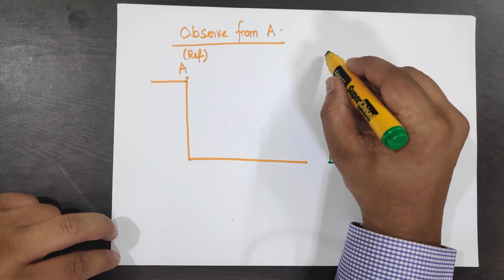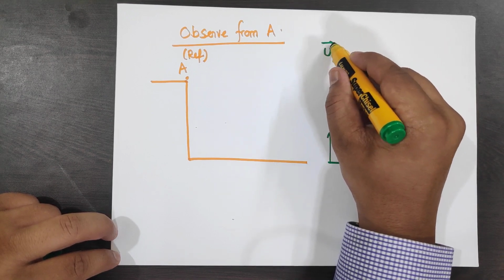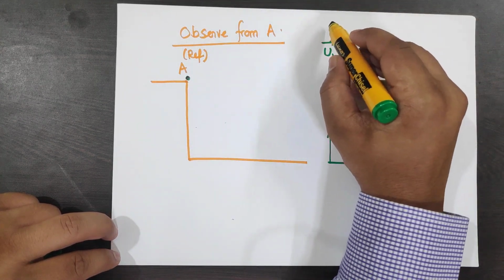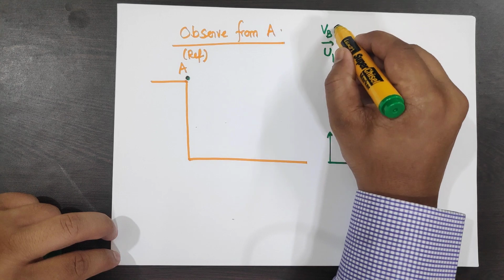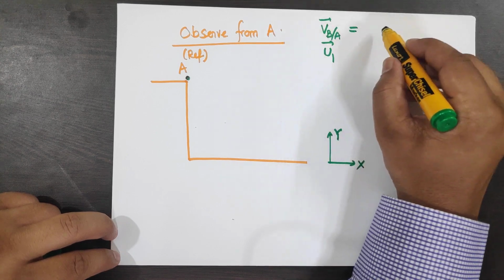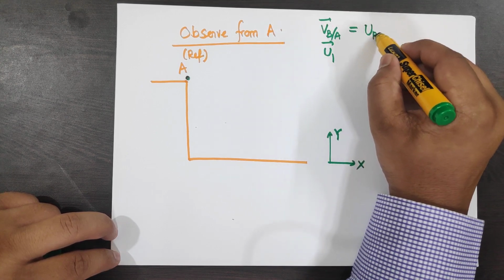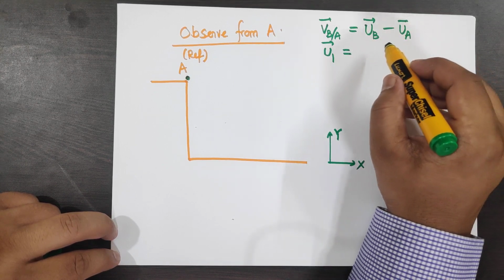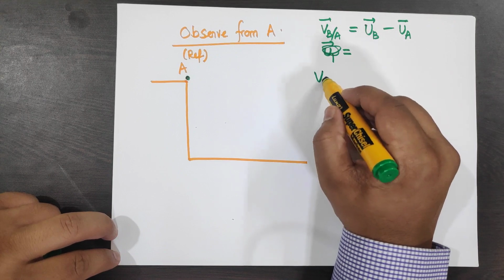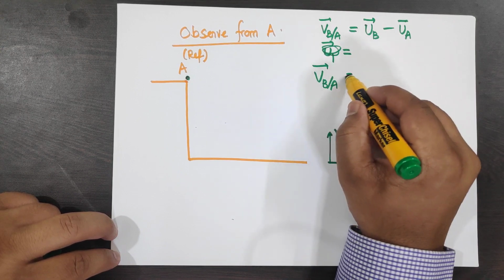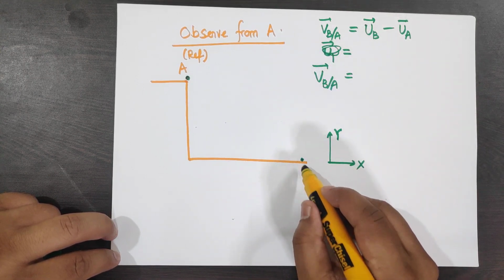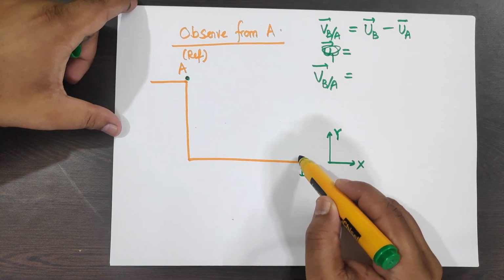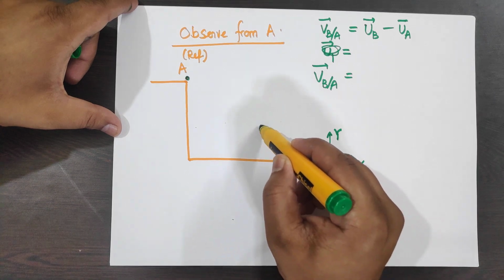So here u1, so you are looking with respect to A, so velocity of B with respect to A is ub minus ua. So I can directly write velocity of B with respect to A. The point is that velocity of B with respect to A should be along this direction.